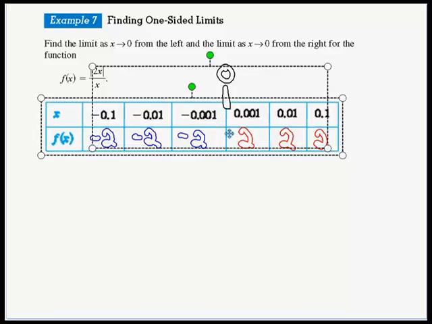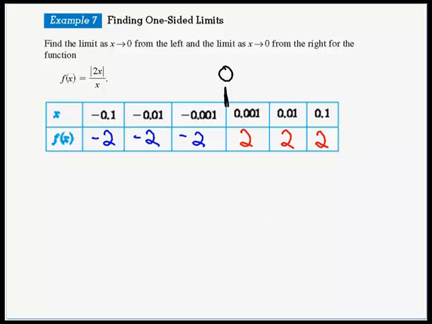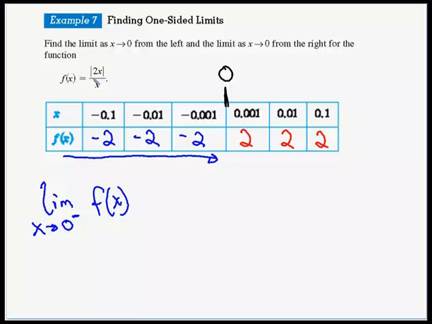So this is a lot like the previous example, but let's write our new limit notation, our left and right-handed limits. So here we're approaching from the negative side, or numbers less than our number of interest, 0. So here I'd write the limit as x approaches 0 from the left, from the negative side, of our function f of x, and I'm not going to rewrite the function.